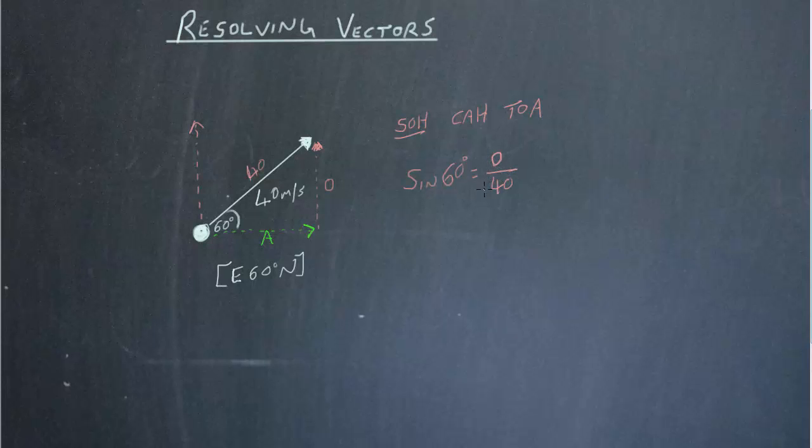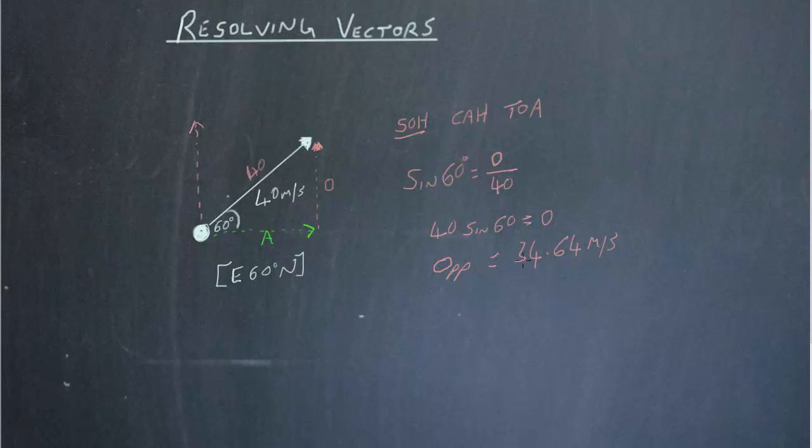We need to get the unknown by itself, so it's simply 40 sine 60 is equal to our opposite. Now the calculator is giving us a value for the opposite of 34.64 degrees. Sorry, it's not degrees, is it? Of course, it's meters per second.